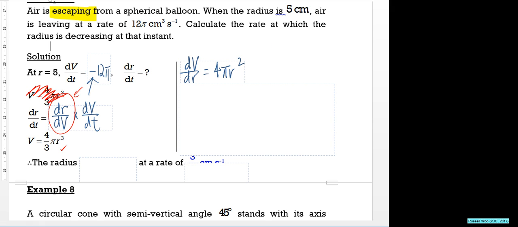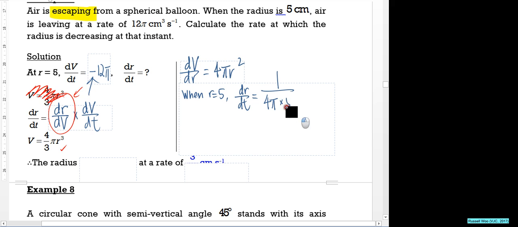Okay, therefore, when r equals 5, what do we do? dr/dt equals what? dr/dv is 1 over dv/dr. So you take 1 divided by this. Correct? It's actually 1 divided by 4 pi r squared.